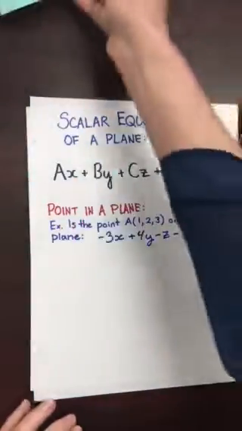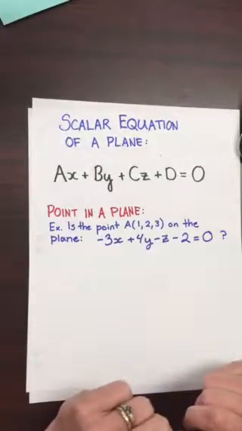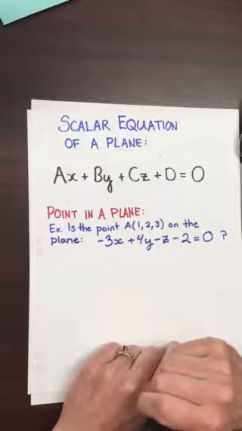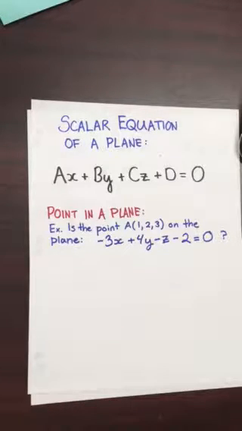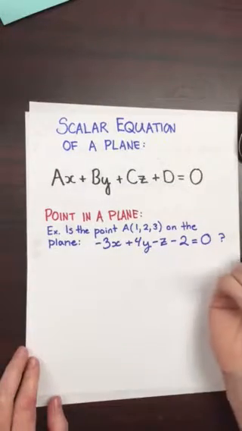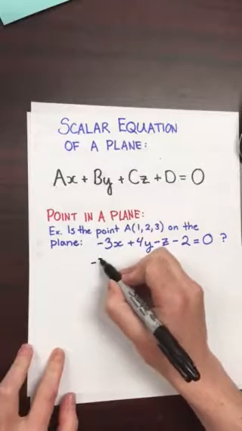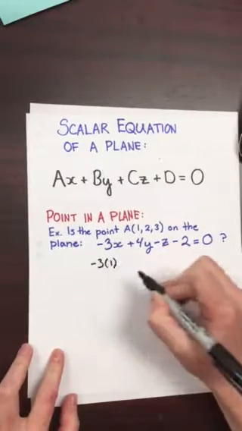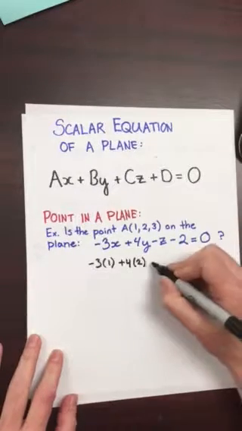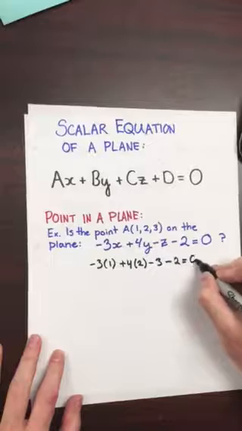So our question here is looking at this plane, negative 3x plus 4y minus z minus 2 equals 0, is the point 1, 2, 3 on that plane? To check, I could check just the same way I would check if a point is on a line. So I'm going to take my point and plug it into my plane equation. So I'll do negative 3 times the x component, which is 1, plus 4 times the y component, which is 2, minus 3 for z, minus 2, equals 0.